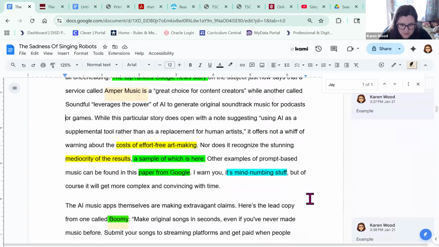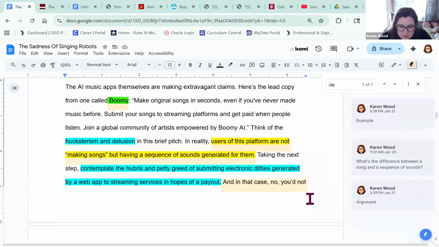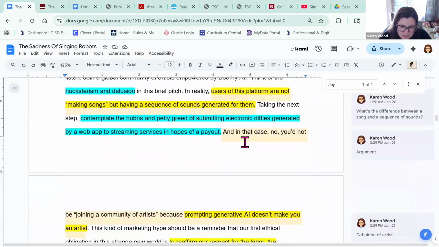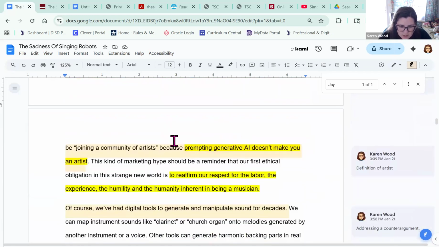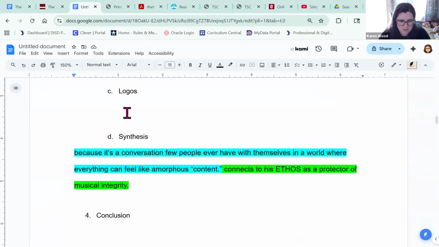Amber music, noise, recognize summing AI music. Making songs, taking the next step, contemplate the hubris. In that case, you're not joining. Okay. These are qualities of an artist.